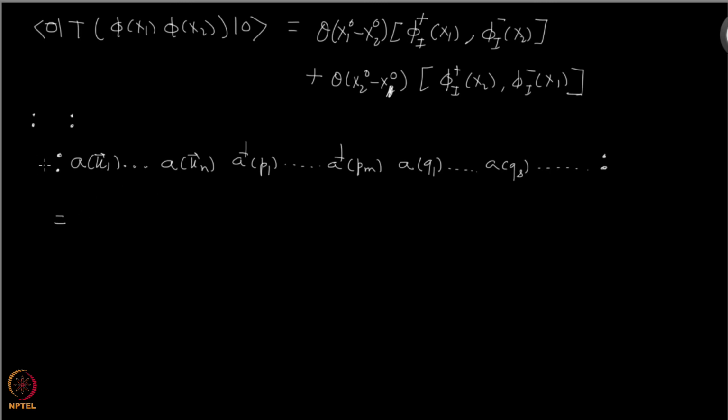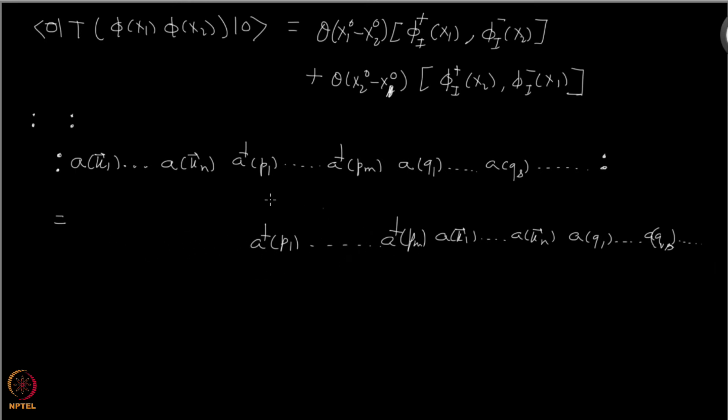You should get a's to the right and a daggers to the left. So all the a's should appear on the right. So you'll get a of k1 through a of kn, and then you will have a q1 through a qs, I have used s. So all the a's here and all the a daggers here, and if there are more a daggers, you can put them here.